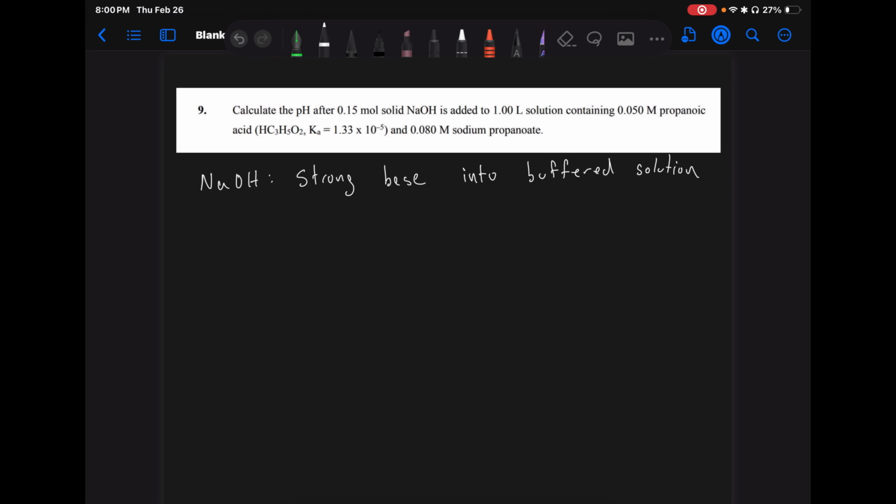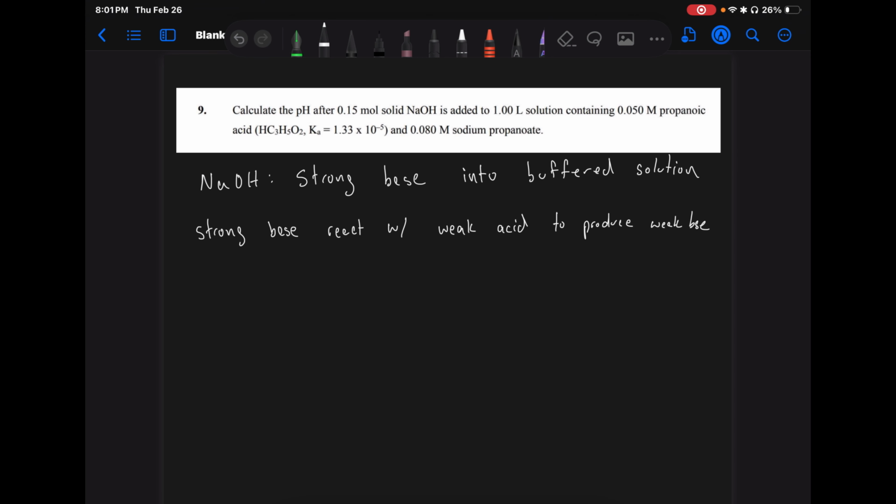I'll write that down simply: strong base reacts with weak acid to produce weak base. Sorry, it's been a long day, and I'm actually writing everything backwards. So that's the entire gist of what we're going to be doing.